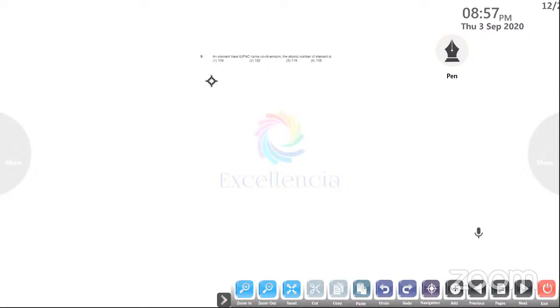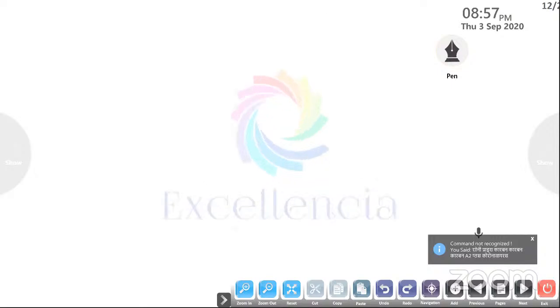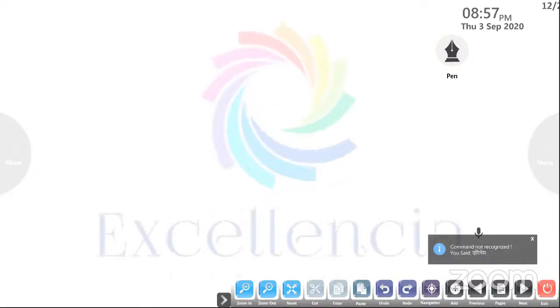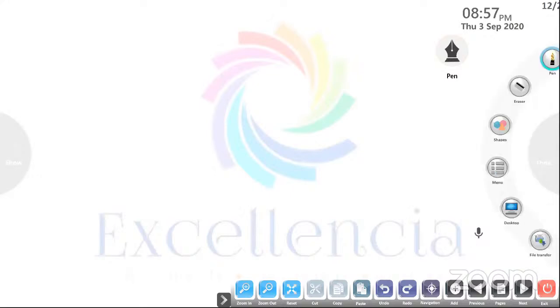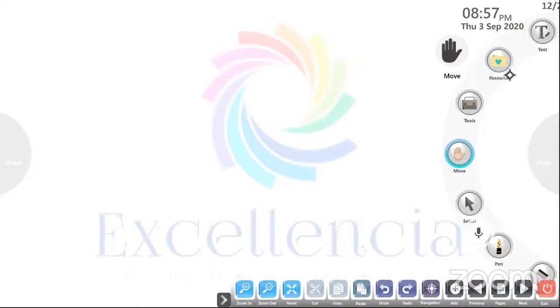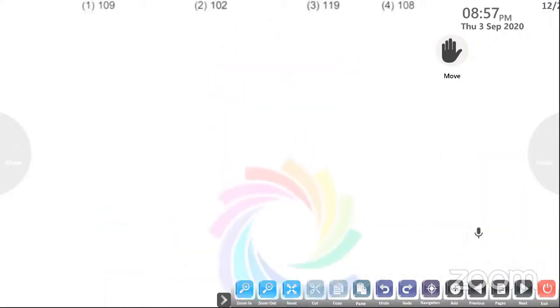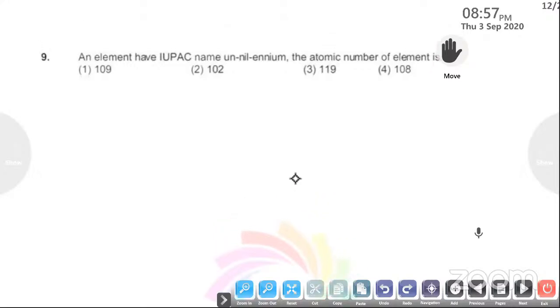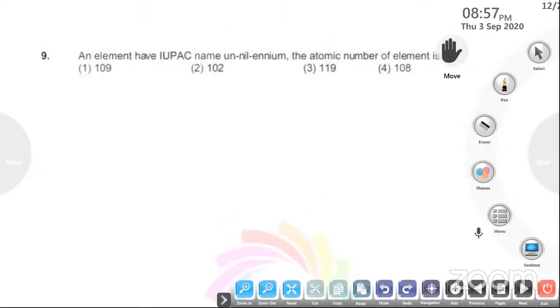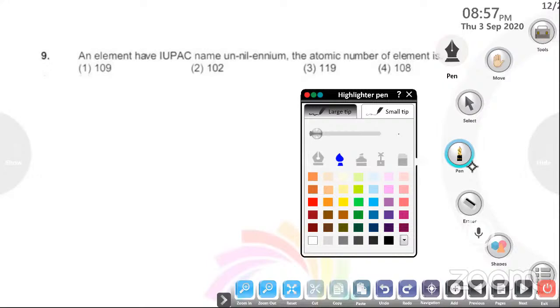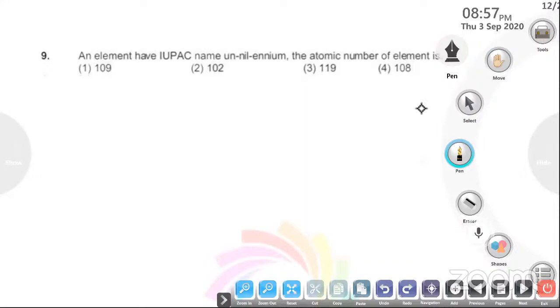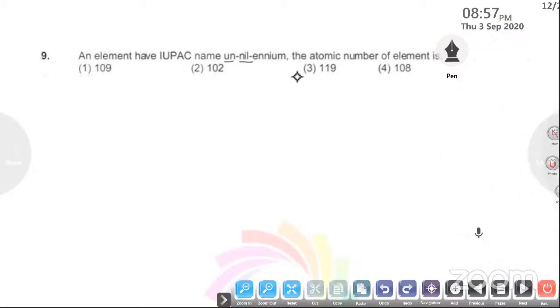Yeah. Next one. An element having the IUPAC name unnilinium.